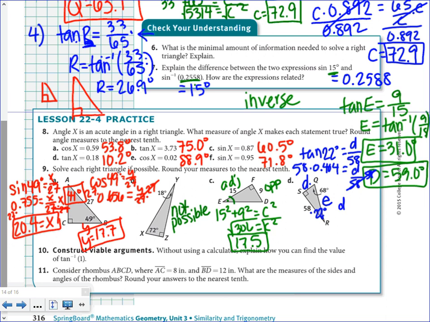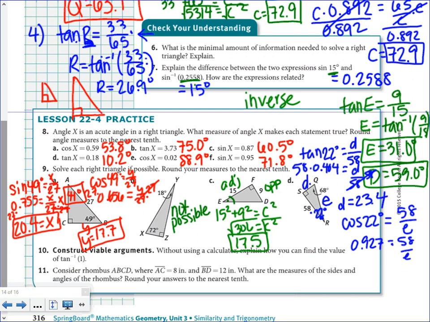So D would be 23.4. Then, to find E, you could either do Pythagorean theorem or you could use another trig ratio. Going with the 22 degrees, I could do cosine of 22 degrees, which is 58 over E. And so the cosine of 22 is 0.927.